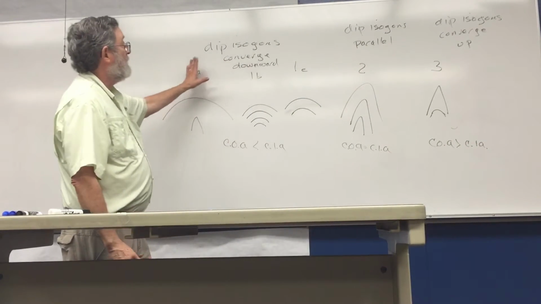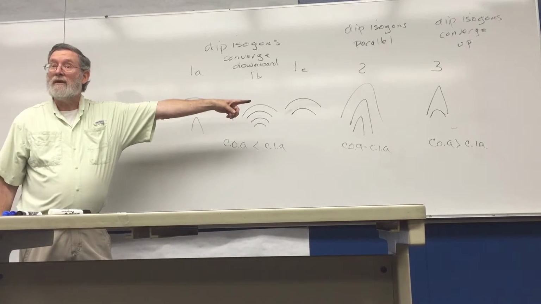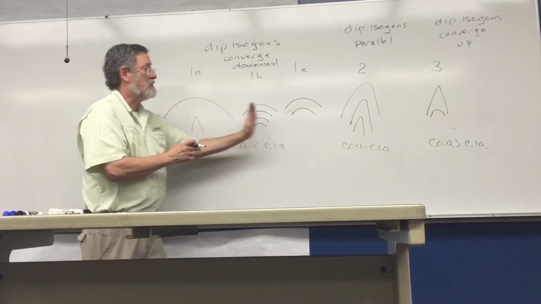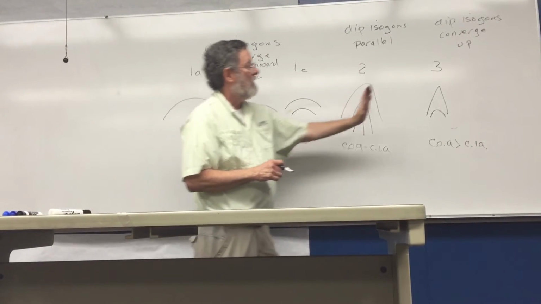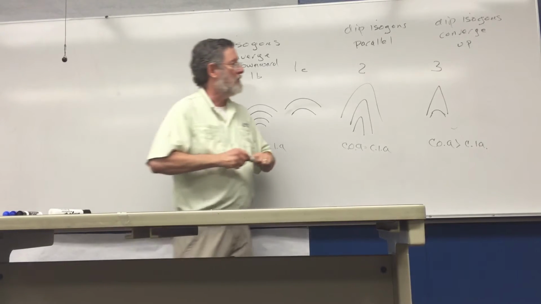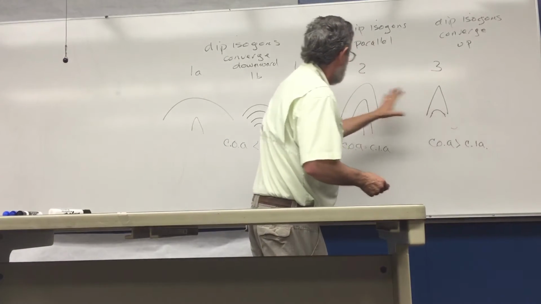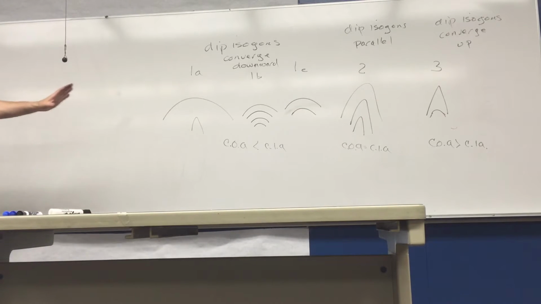So we had converging downward dip isogens in here. This is strongly convergent to weakly convergent. Parallel dip isogens in here, divergent dip isogens in here, or convergent upwards, and where our folds changed geometry rather dramatically. So this is his change in the classification system.